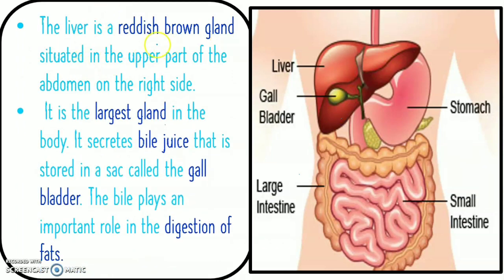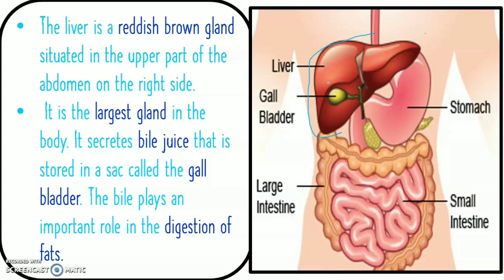So, the liver is a reddish brown gland situated in the upper part of the abdomen on the right side. So, you see, this is the liver, this reddish brown gland. It is the largest gland in the body, and the digestive juice that it secretes is known as the bile juice.